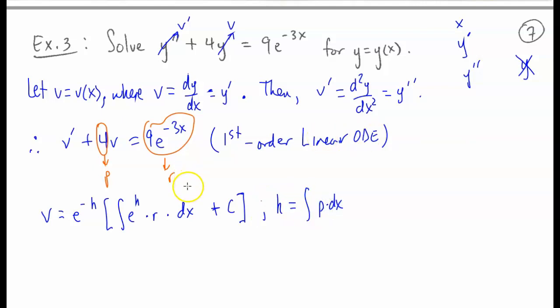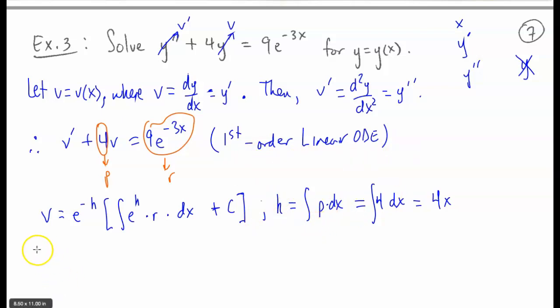Okay, and since I already know what p is, it's just 4. If I take the integral of that, that's just going to be 4x. Normally I can do that plus some constant, but I really don't need to here because if I did it, I would recover that constant anyway in the integration.